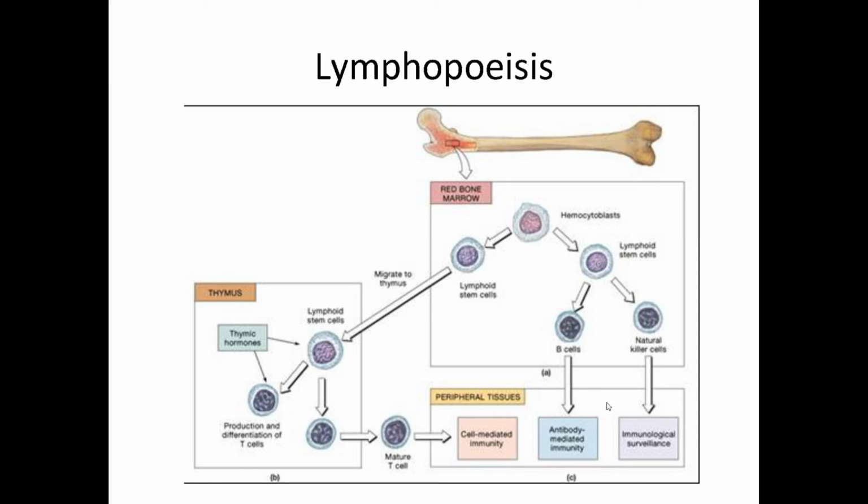B cells are involved in this adaptive antibody-mediated immunity, and natural killer cells are exactly what they sound like. They don't need antibodies. They just go out and destroy things that aren't behaving properly. We'll talk more about that later. And then we have these lymphoid cells that migrate to the thymus.